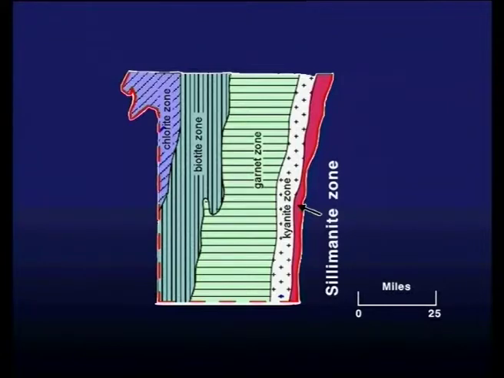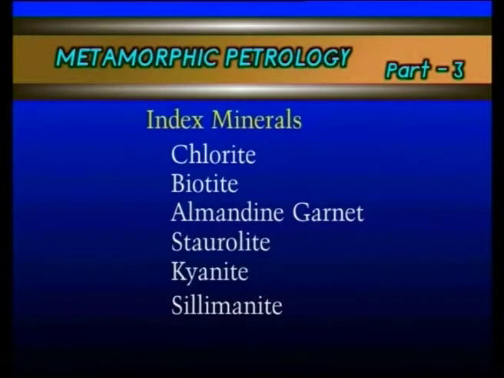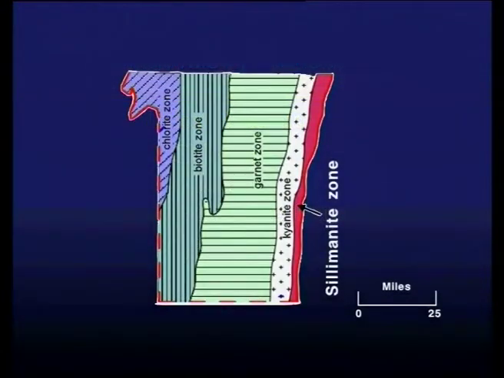These are the index minerals: mainly chlorite, biotite, almandine garnet, staurolite, kyanite, sillimanite. The presence of one index mineral like chlorite and the disappearance of another index mineral can give rise to different zones.